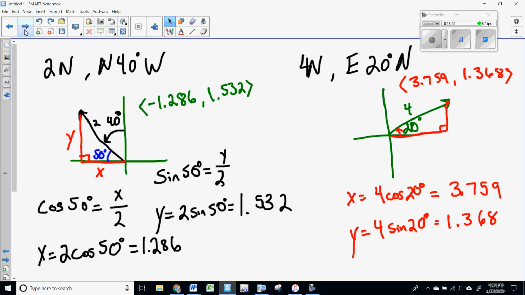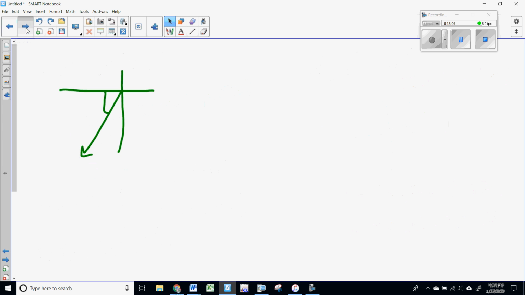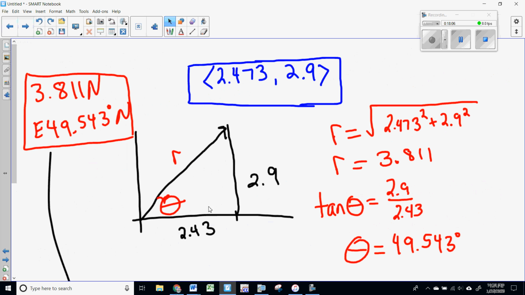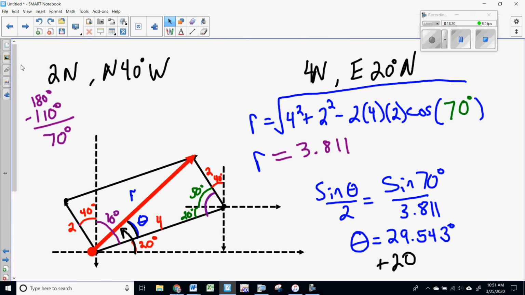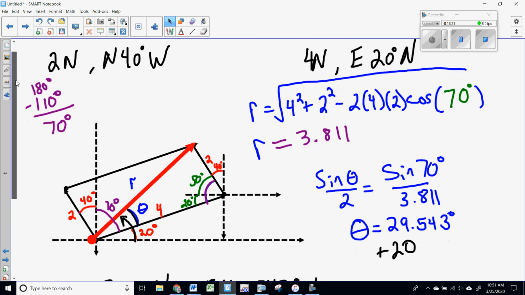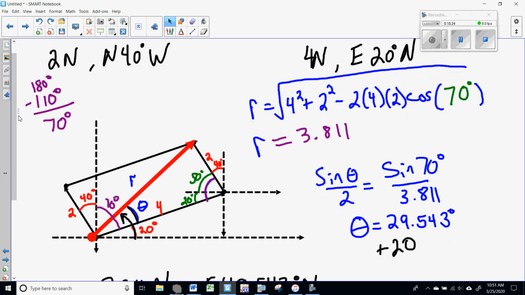And as long as your angle goes to the x-axis, I think it's so much easier to do it with component vectors. You don't need anything more than the Pythagorean theorem and inverse tangent. With those two things, you can solve all of these problems. Trying to get these crazy drawings is a lot more difficult.